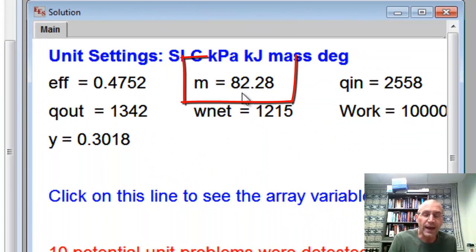Now mass went to 82. So it increased 4, or about a 5% increase in the mass flow rate moving through the system. But I haven't changed the net work that the system is producing. It's still producing 100 megawatts. So I've got the exact same functioning power plant, giving me the same energy, but now I've got a larger mass flow rate going through.